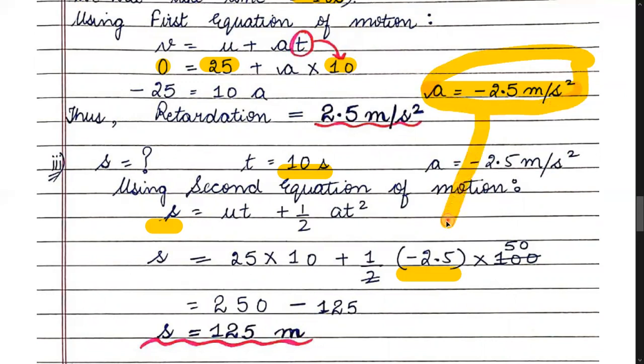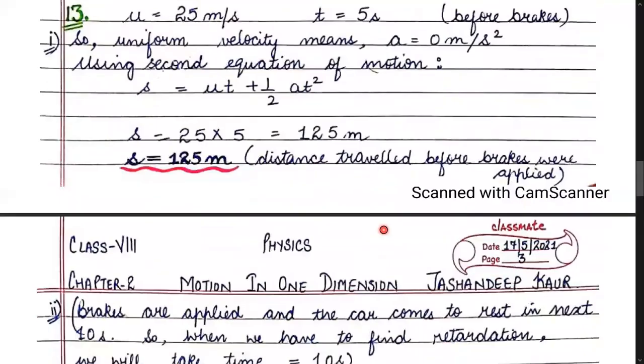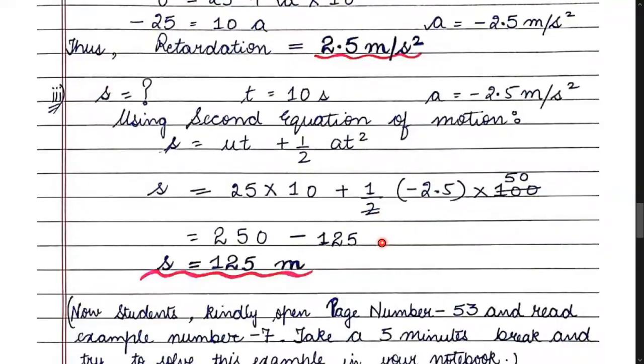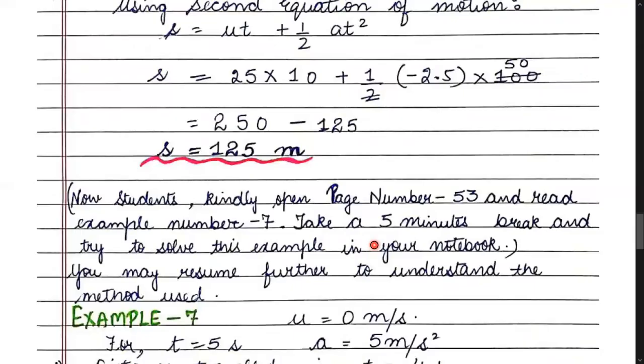So put the value as negative here. So your answer will come 125 meter. Children, remember that in these questions, your time and distance will not come negative. So just pay attention while putting the sign of negative of acceleration.